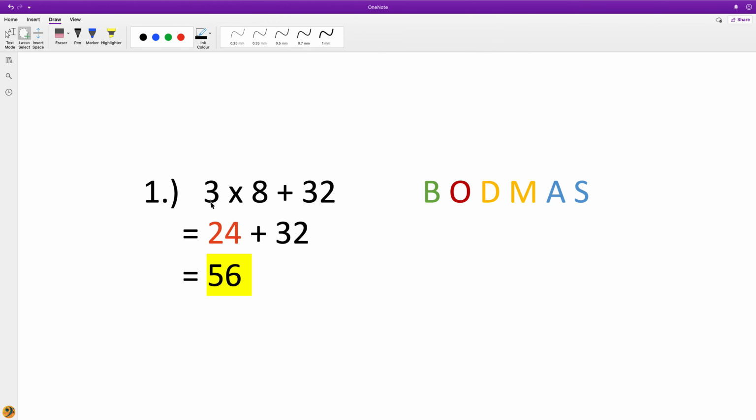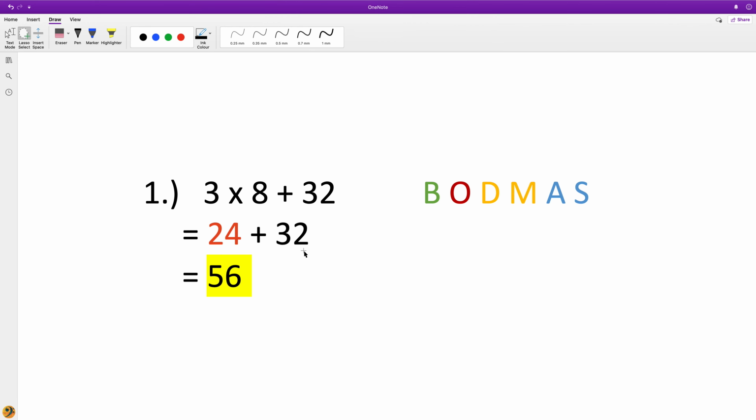So the first step here we have is 3 times 8 plus 32. We look at the symbols: we have a multiply and an addition. So the first step we do is evaluate this part of the operation, 3 multiplied by 8, which gives 24.